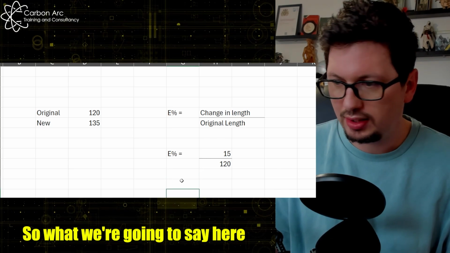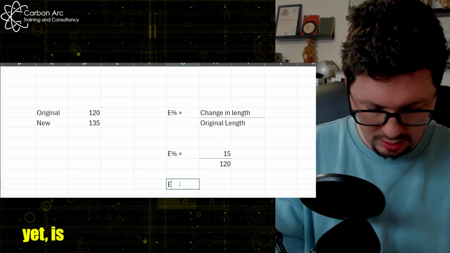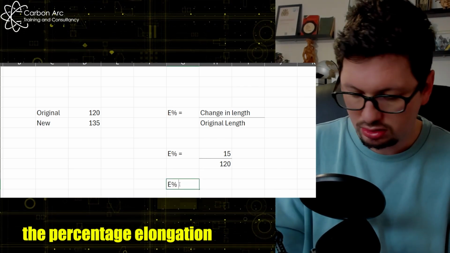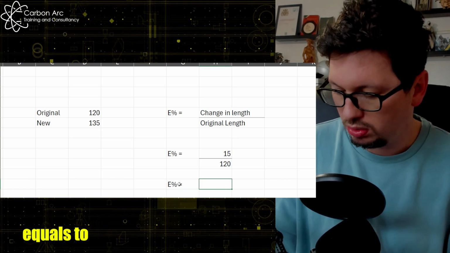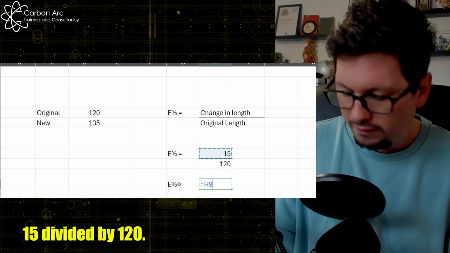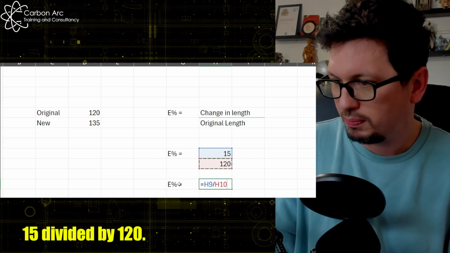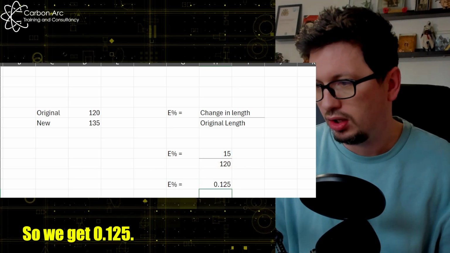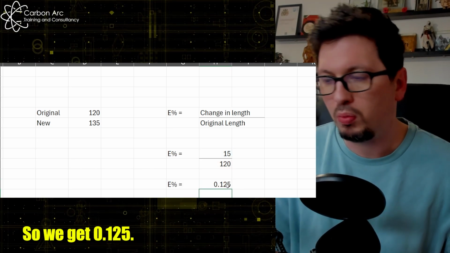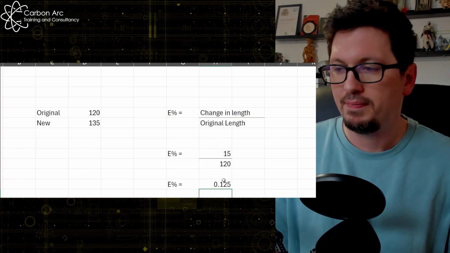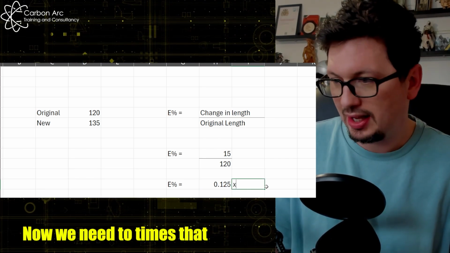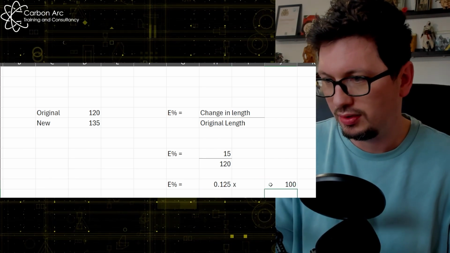So what we're going to say here is the percentage elongation equals 15 divided by 120, so we get 0.125. Now we need to times that by 100, right?